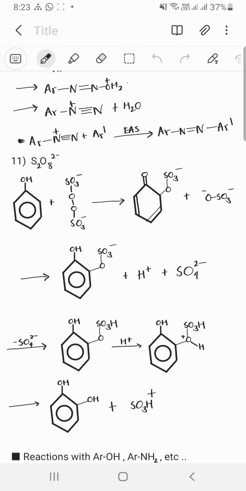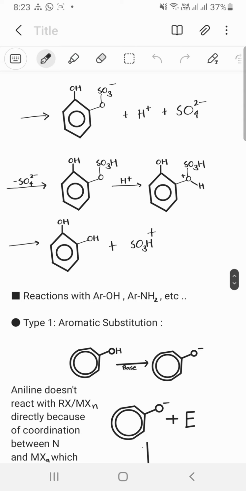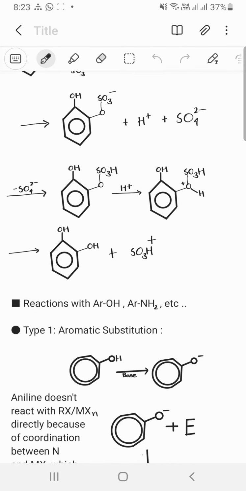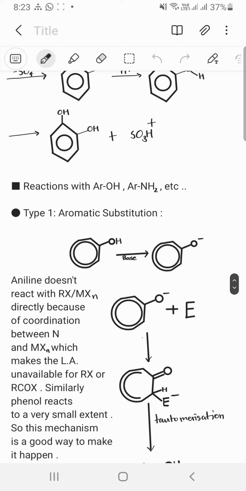Not that bad. Definitely it's not bad. Reaction with ArOH, ArNH2, etc. I should just say reaction with phenol or aniline, etc. So aromatic substitutions.